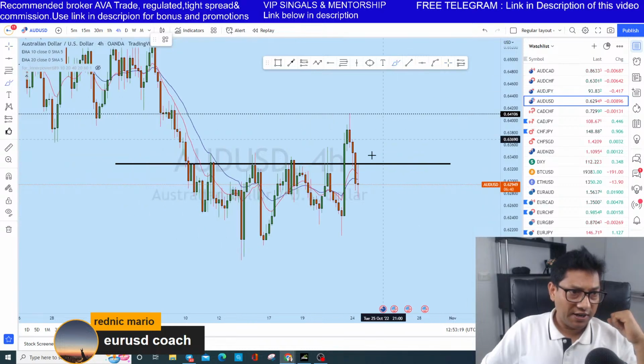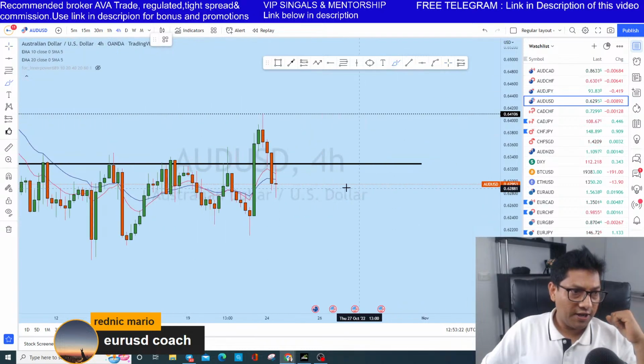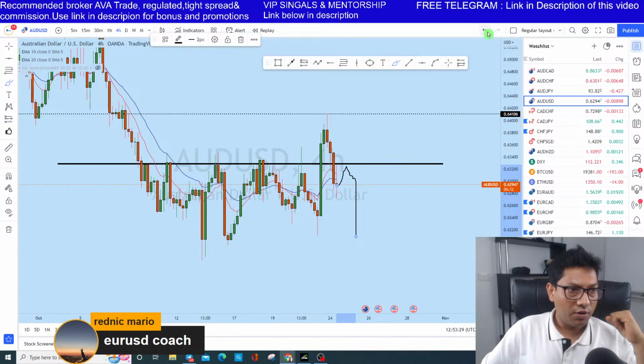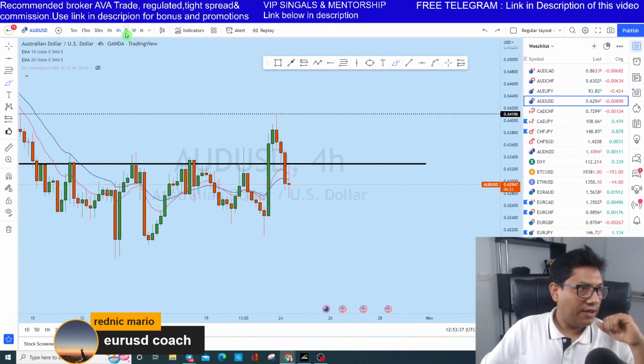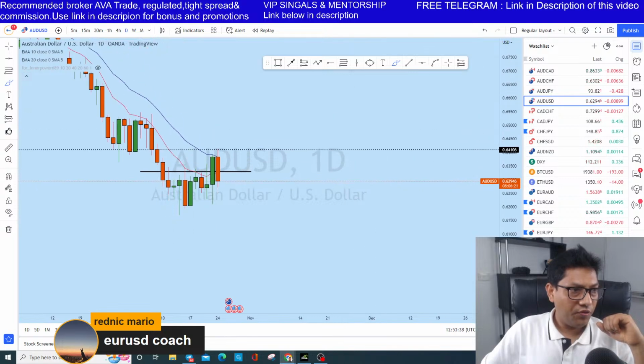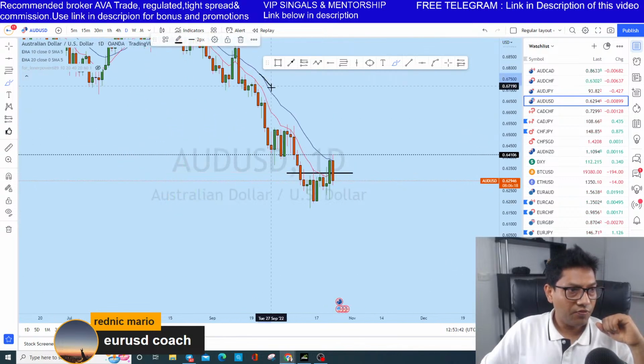Until we see, let's say, Aussie dollar create a very strong bearish price action and break down, especially if respecting this resistance level, then we can say it was a liquidity grab. Now looking at the daily on Aussie dollar, if you see this 20 period moving average, it has not been tested for a long time.